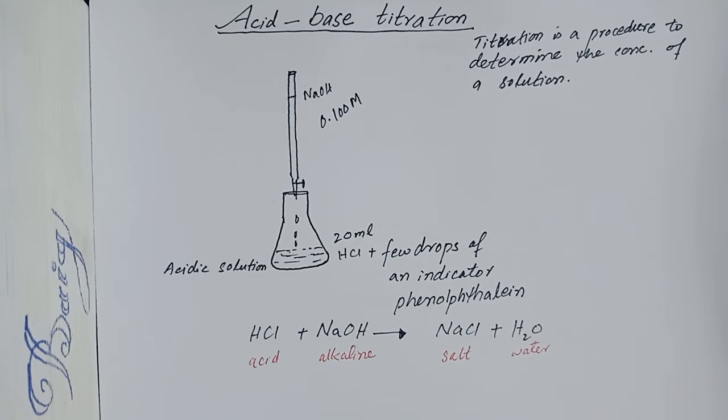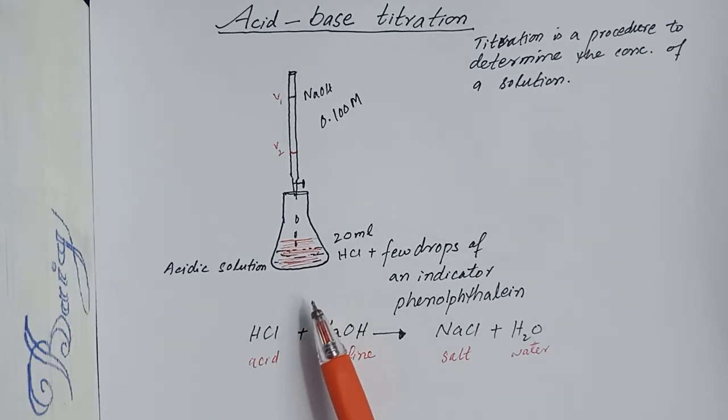Slowly we have added a certain amount of sodium hydroxide to the HCl solution, until the solution turns light pink, and it stays light pink. That means all of the acid has been neutralized by the base.